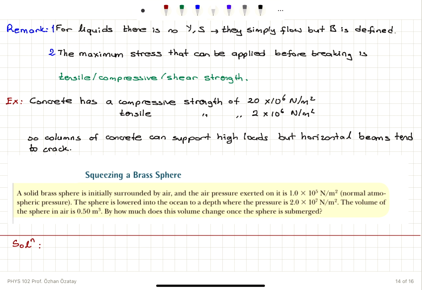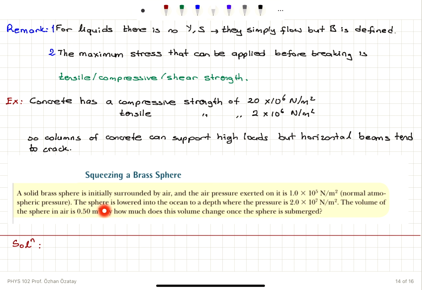Okay, so here's an example. Squeezing a brass sphere. A solid brass sphere is initially surrounded by air, and the air pressure exerted on it is 1 times 10 to 5 newtons per meter square. That is basically the atmospheric pressure. 1 Pascal is 1 newton per meter square.